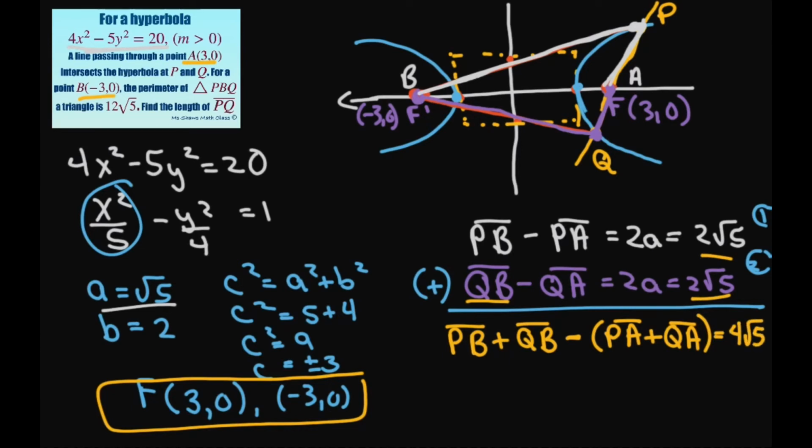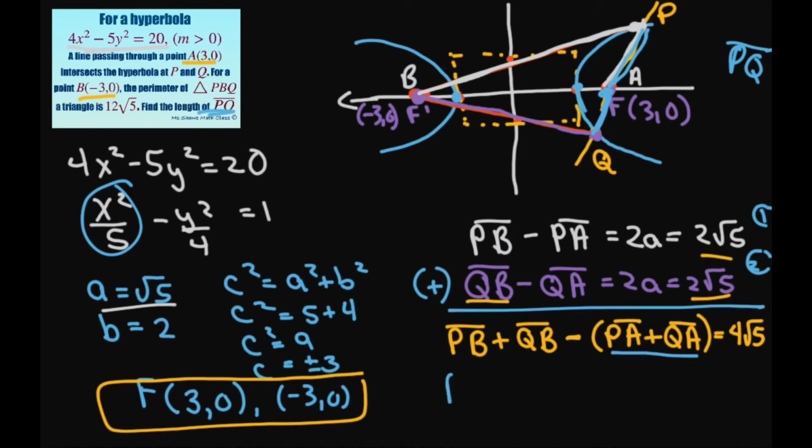Now, PA plus QA is going to equal PQ, and we need to get that in there because that's what we're trying to find.